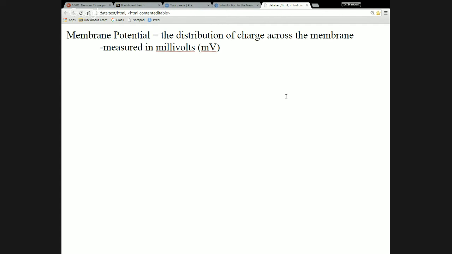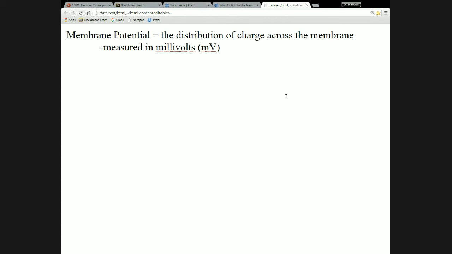Right, 1,000. So 1 millivolt is 1/1000th of a volt, which means that the 9-volt battery could also be thought of as a 9,000 millivolt battery. Or the 1.5 volt AA or AAA battery is a 1,500 millivolt battery.